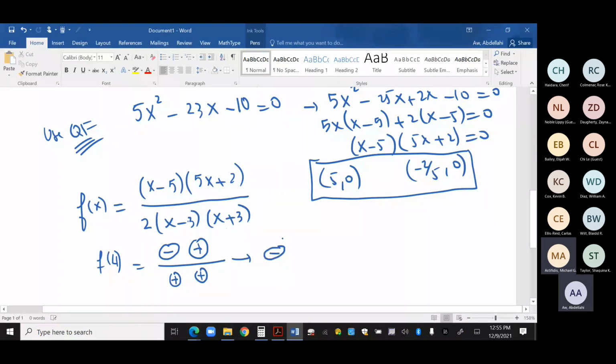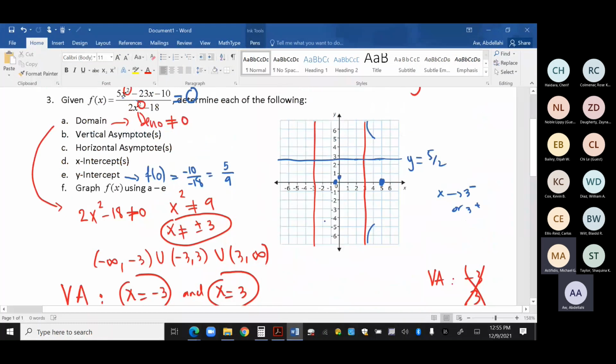Since f of 4 is negative, my graph is at the bottom right there. Since we cannot cross asymptotes, I can guess my graph is like this. When you do calculus and limits, and variations, increasing, decreasing, you don't do any guessing.